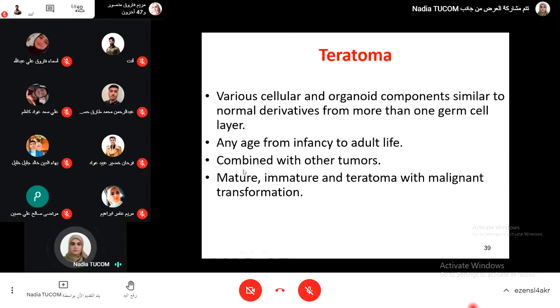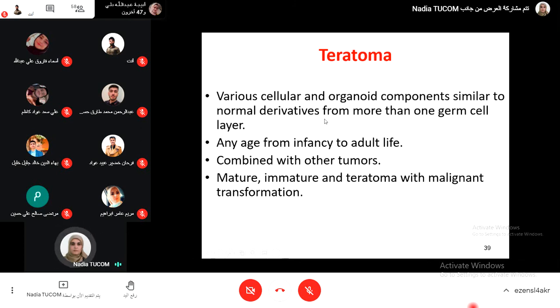When we say immature teratoma, it means malignant; when we say mature, it means benign. Teratoma has cellular and organelle components of different cell derivatives, more than one germ cell layer, so we see more than one tissue component: glandular tissue, neural tissue, bone, cartilage, epidermis, skin tissue and adnexa, and they can become malignant.